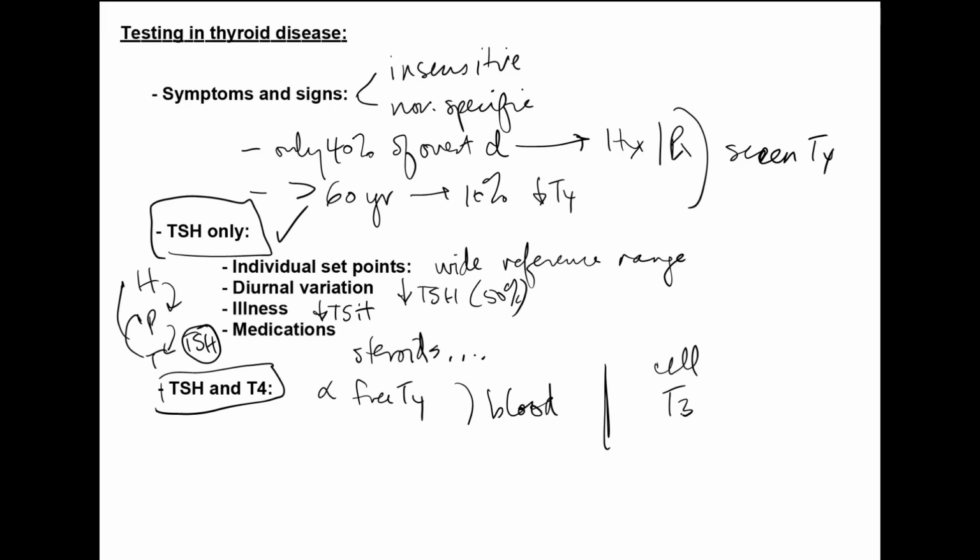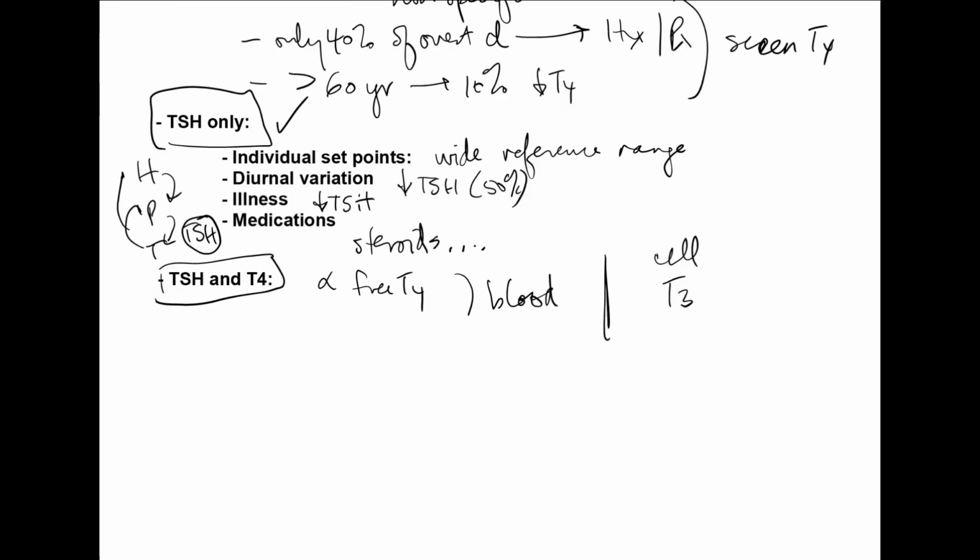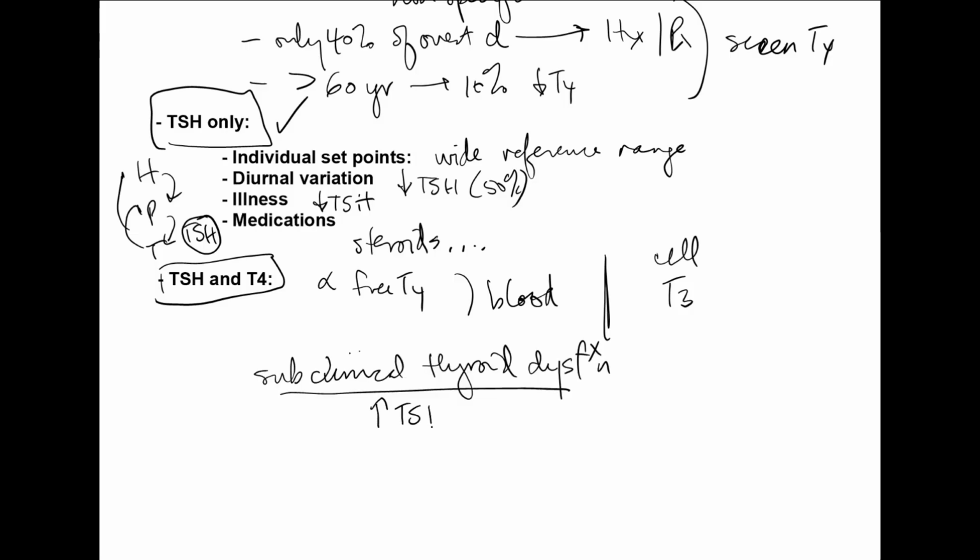The other thing to think about when you're doing a TSH and T4 is you'll often see the situation of subclinical thyroid dysfunction. And these are patients in which you're going to see an increased TSH, but a normal T4.